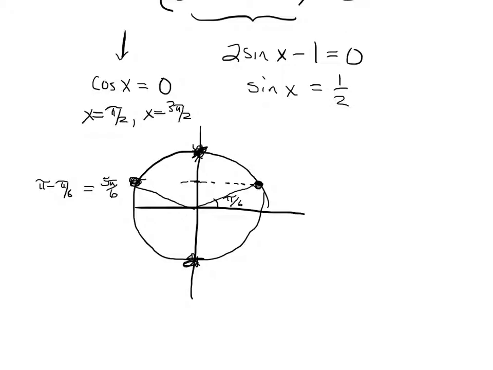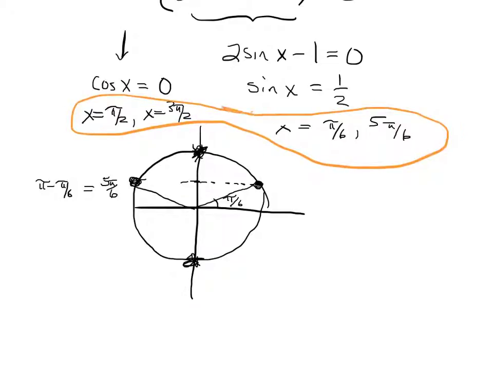So x is pi over 6, or 5 pi over 6, and if I want to put all of it together, that gives me all of the solutions to this equation in the interval 0 to 2 pi, which corresponds to starting here at 0 and going around 1 time.